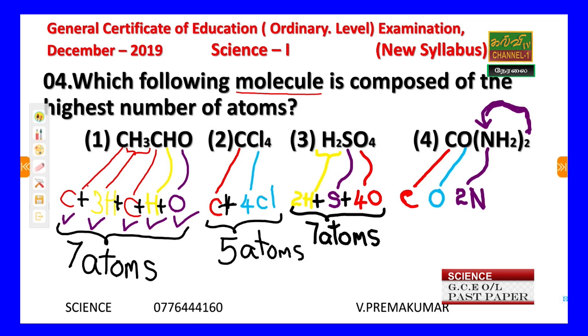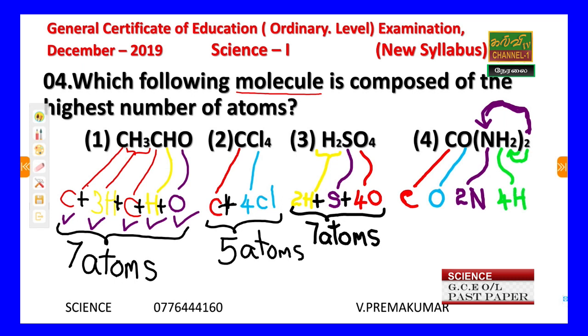And how many hydrogens? This is the same condition: 2 into 2. 2 into 2 is how much? 4. So there are 4 hydrogen.